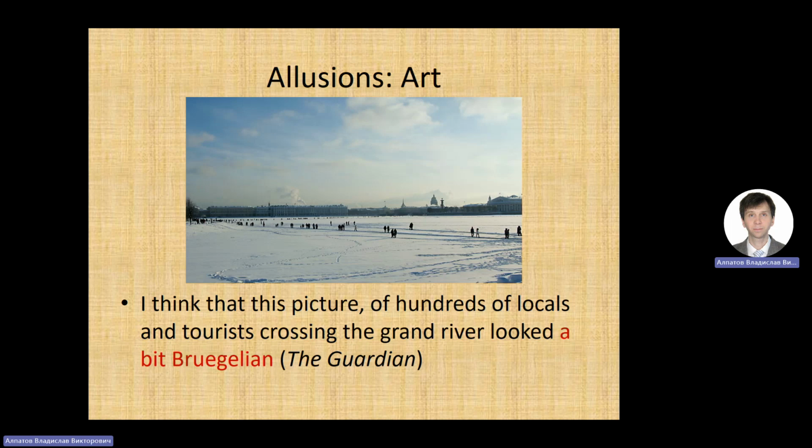Allusions can be made to art as well. Again, from The Guardian, an extract: I think that this picture of hundreds of locals and tourists crossing the Grand River looked a bit Bruegelian. That's a description of St. Petersburg, and this is the Neva River. And this is a reference, of course, to the favorite style of Bruegel, Dutch or Flemish landscape painter.